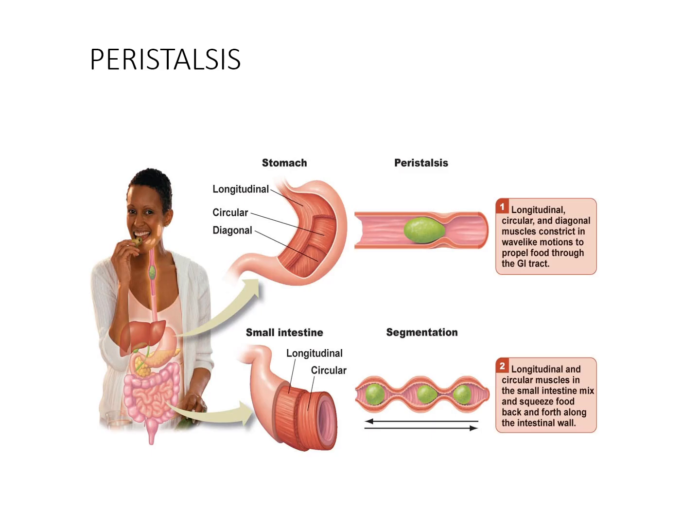So we have here different types of smooth muscles working together to help in the movement of the bolus. And then there's also segmentation, where the small intestine squeezes the food back and forth along its intestinal wall.